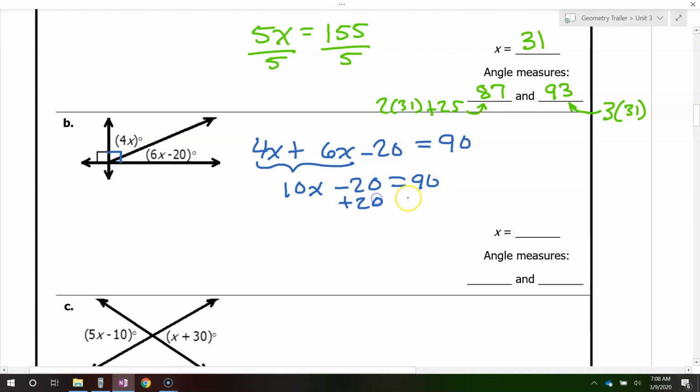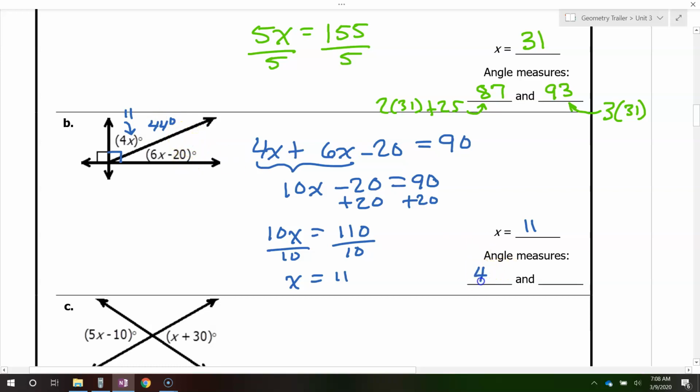And then once I add the 20 to both sides, that's going to give me 10x is equal to 110. And then if I divide both sides by 10, that's going to give me x equals 11. If I substitute in 11 for x right here, that's 4 times 11, so that's going to be 44 degrees.